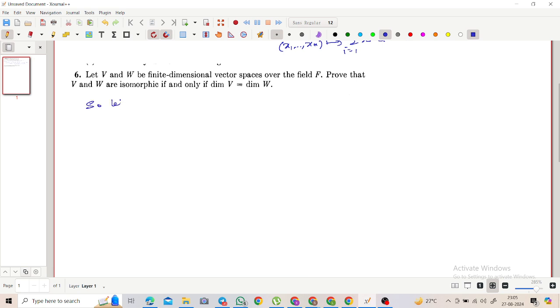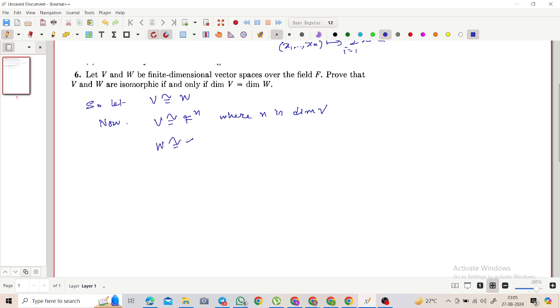So let V be isomorphic to W. Now V is isomorphic to F to the power n, where n is dim V, as we have just seen above.